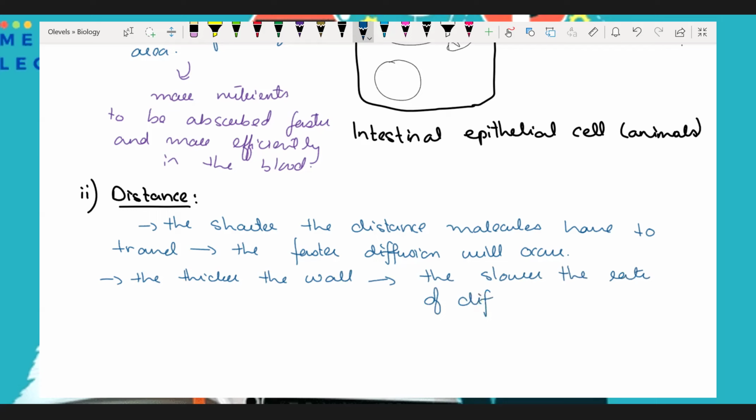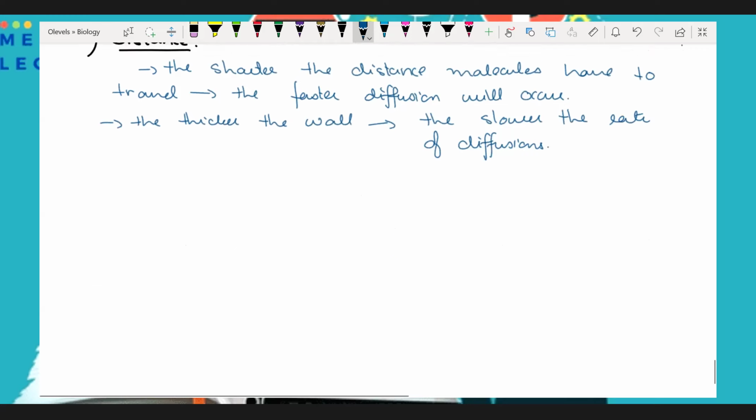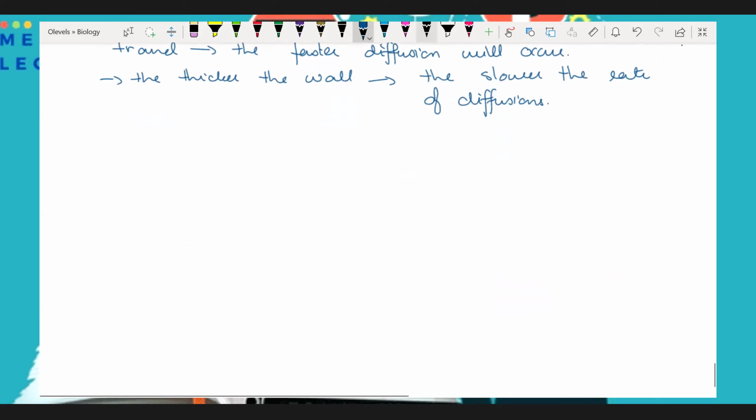Because in that case, the particles have to travel more distance in order to pass from one side to the other. Is that clear? Yes, ma'am. Okay. What about others? Can you hear me, children? Yes, ma'am. Okay.